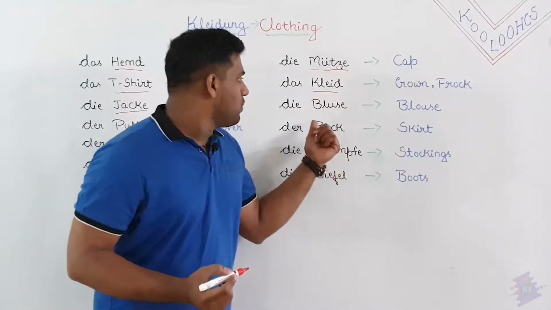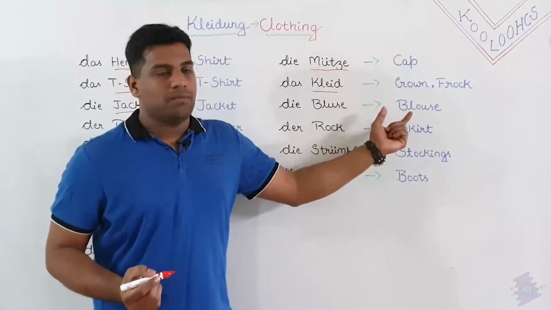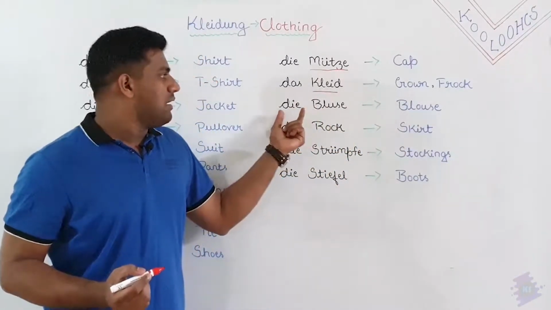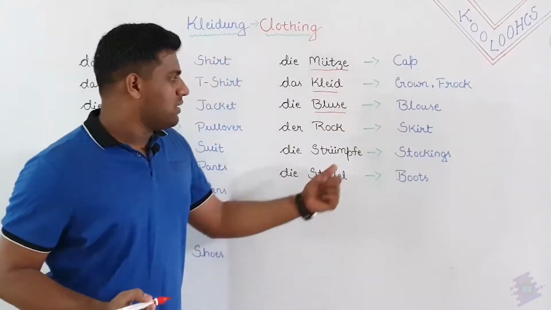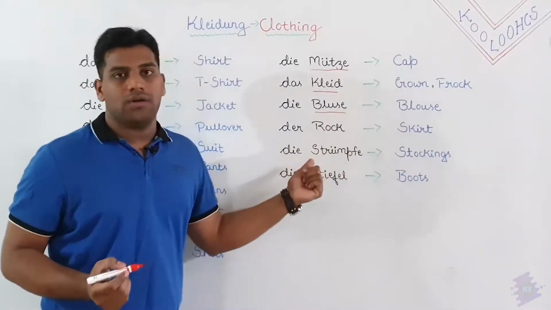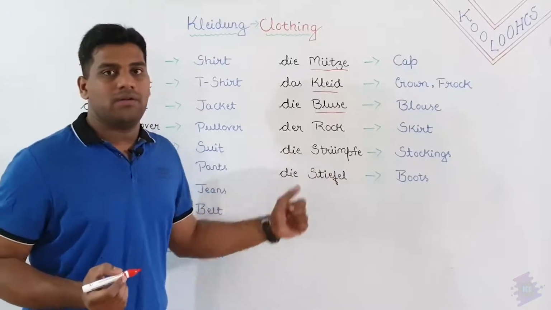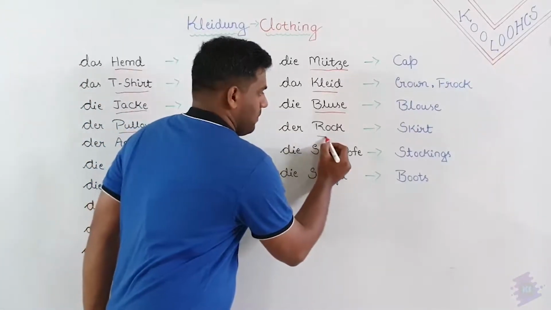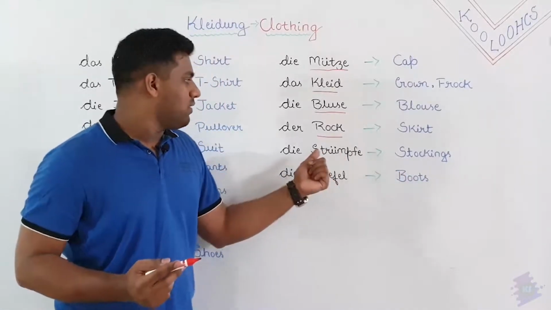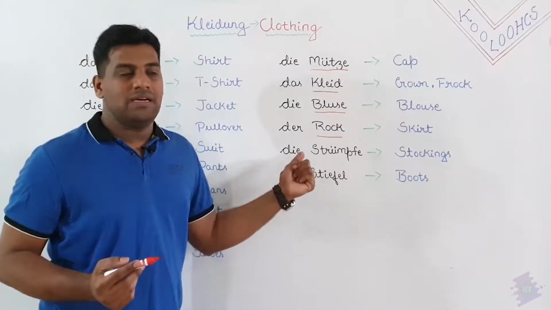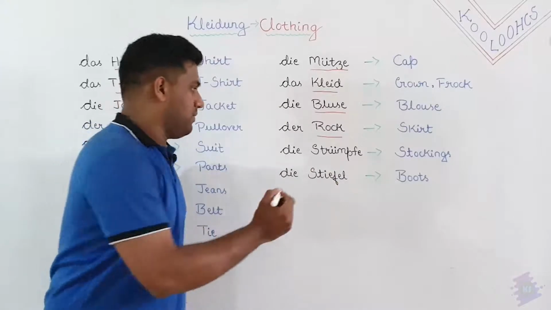And next is blouse. Blouse is called Bluse, die Bluse. Next, ladies skirt is called Rock, der Rock. It is masculine. Next is stockings. Stockings is called Strümpfe, die Strümpfe.